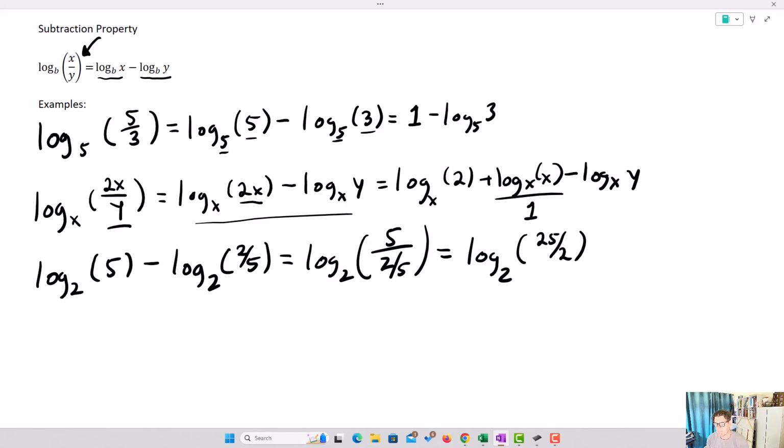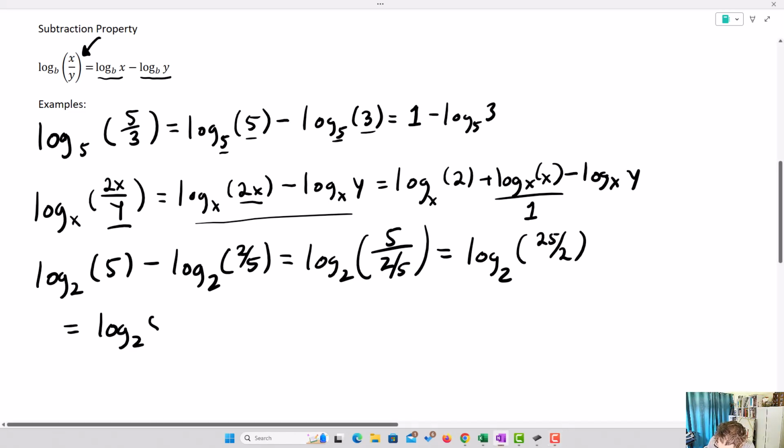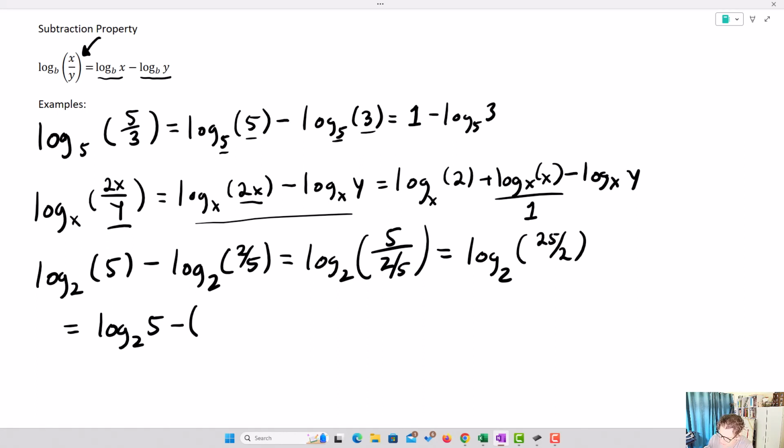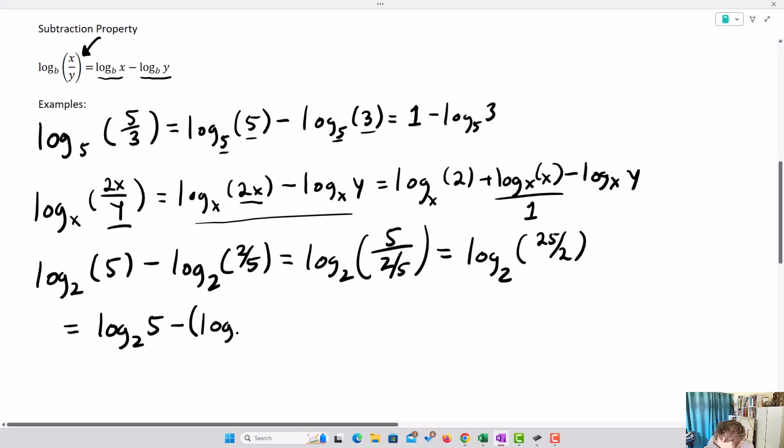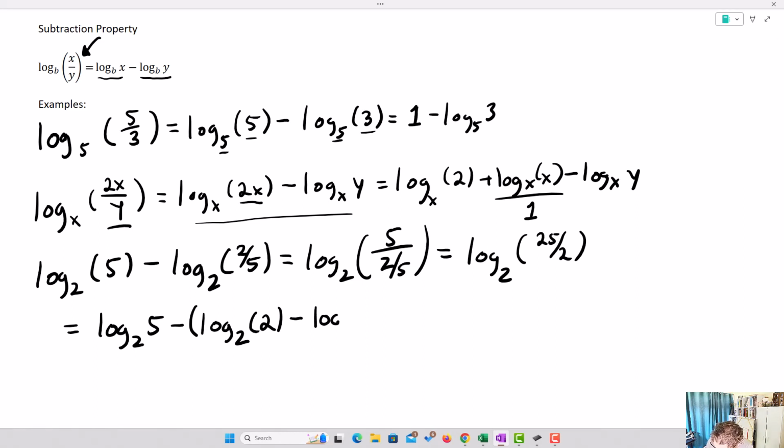Okay, there we are. We could have, by the way, gone in and expanded this out. If we wanted to do that, we would have gotten log base 2 of 5 minus, and I'll put these in parentheses because we're going to subtract out the whole thing, log base 2 of 2 minus log base 2 of 5.